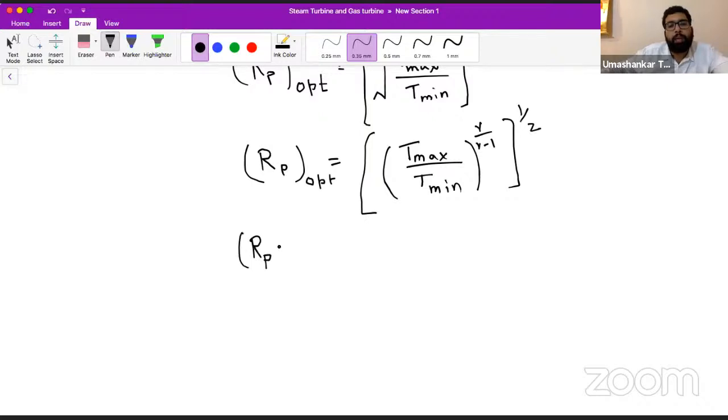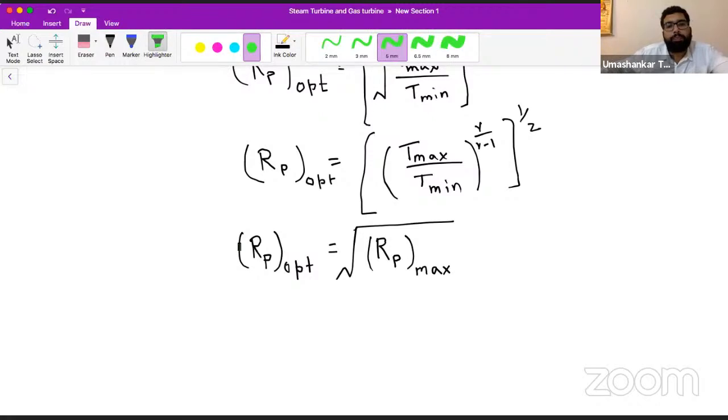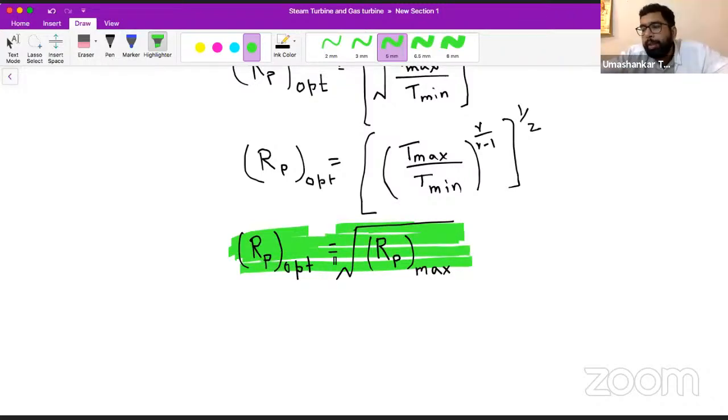If you were compressing to the maximum possible pressure ratio, you would be getting maximum possible efficiency, but no work. But if you compress your air to the optimum pressure ratio, you are not going to get the maximum efficiency, but you are going to get the maximum work done.